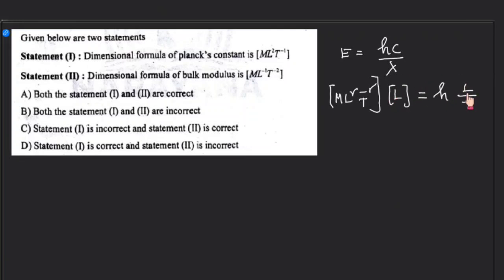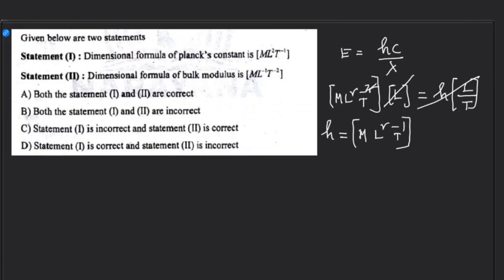C can be written as L/T, so the L cancels and the T⁻² against T. Therefore h will have dimensions ML²T⁻¹. Therefore the first one is right.